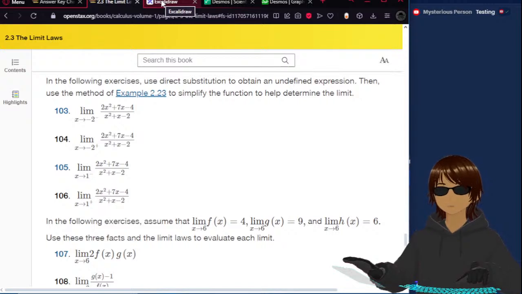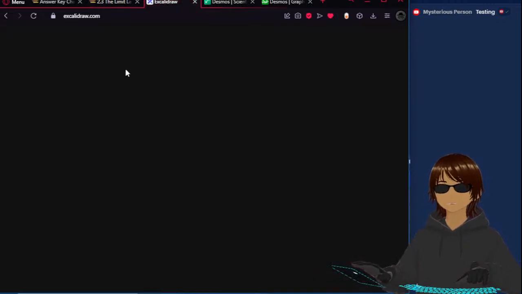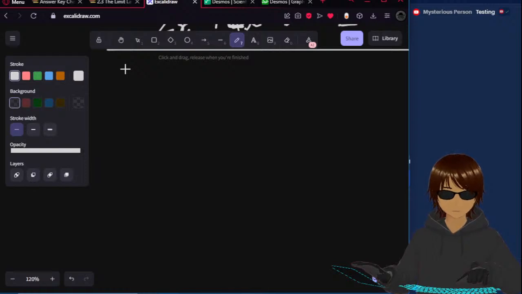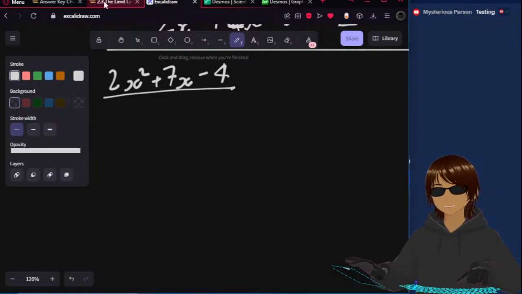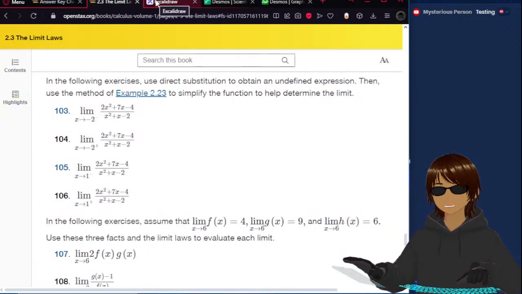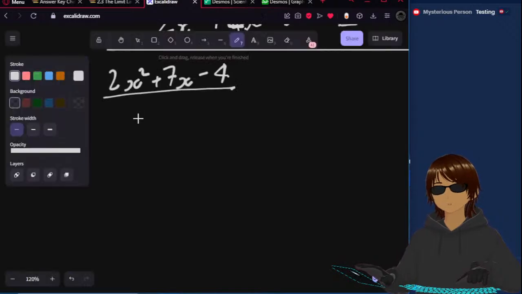Do x squared plus 7x minus 4, x squared plus x minus 2.